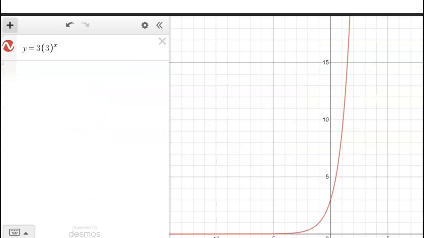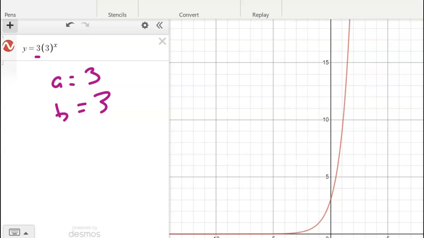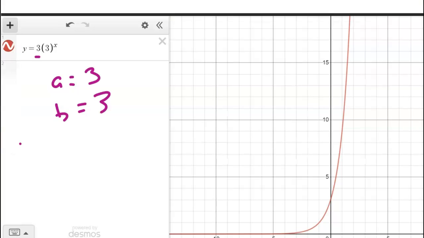Let's go ahead and look at the third example. Once again, a is in front, so a is equal to 3. B is second, so b is also equal to 3. So I start with 3. And then I'm going to multiply by 3. 3 times 3 is 9.